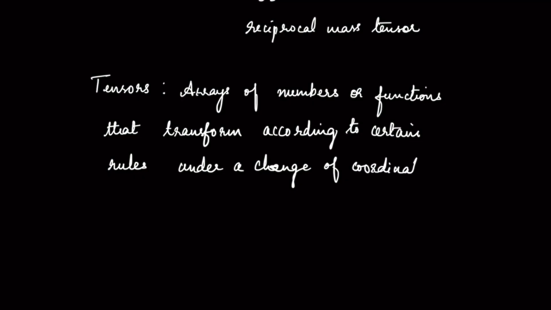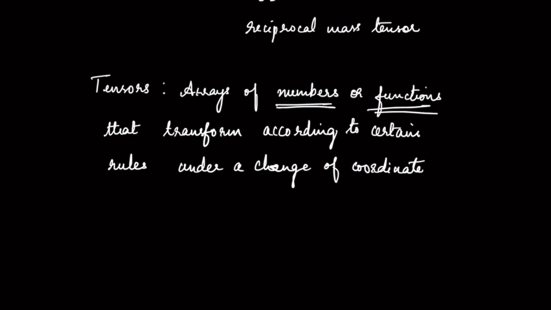So tensors are arrays of numbers or functions. It can be numbers or functions. Tensors are arrays of numbers or functions that transform according to certain rules under a change of coordinate.